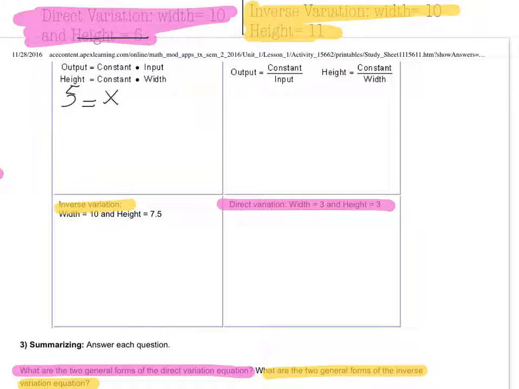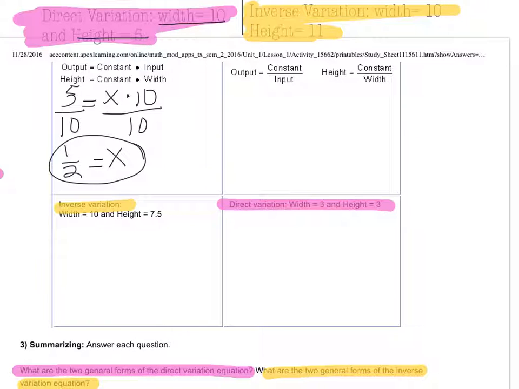I have no idea what it is, so I'm calling it x. And my width is given in the problem also, so x times 10. All right, solving for x, my constant. I know if x is multiplied by 10, then I need to divide both sides by 10. That's the only way to get x by itself. In this case, 5 divided by 10 is going to be a half. So my constant here is a half.